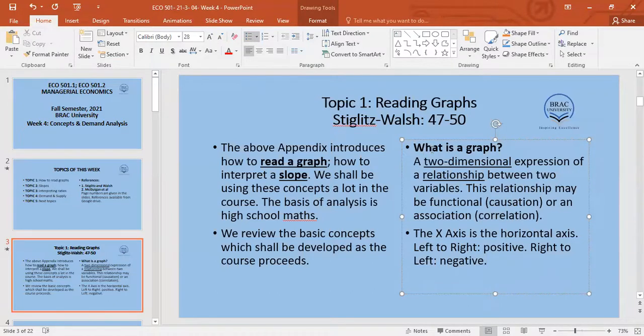Now, conventionally, when we are saying that it's a two-dimensional presentation, we have a horizontal axis and a vertical axis. On the horizontal axis, we put one variable. On the vertical axis, we put another variable.